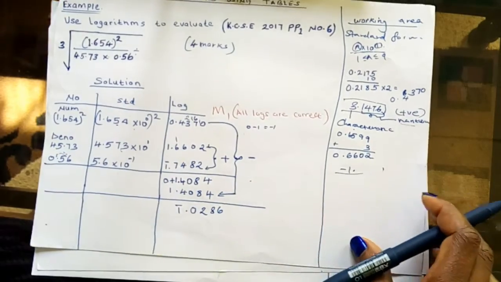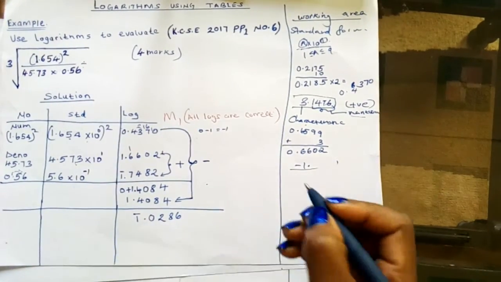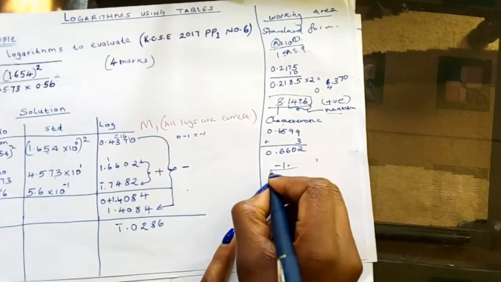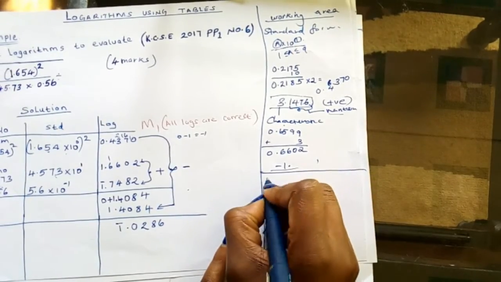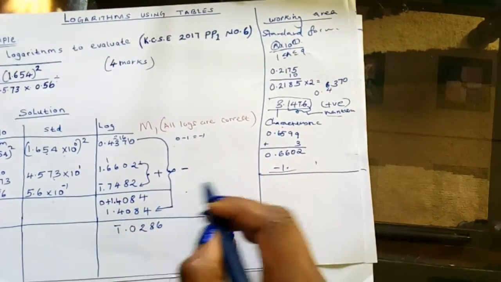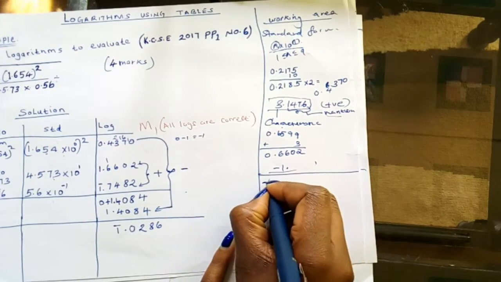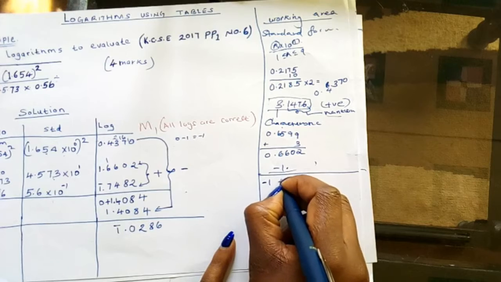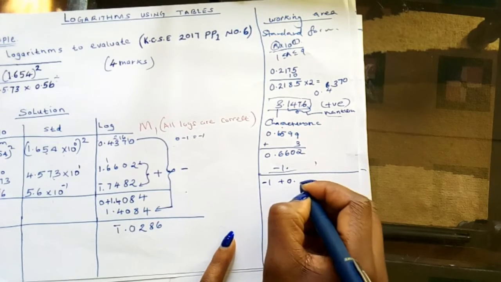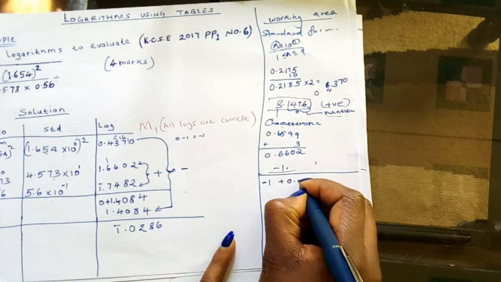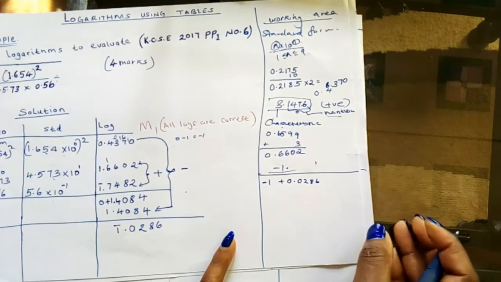Looking at our log here, because I want to separate the characteristic from the mantissa, we have -1. Remember, the mantissa is always positive: 0.286.